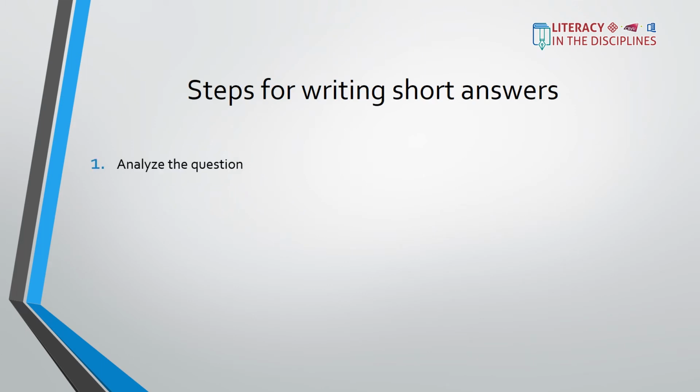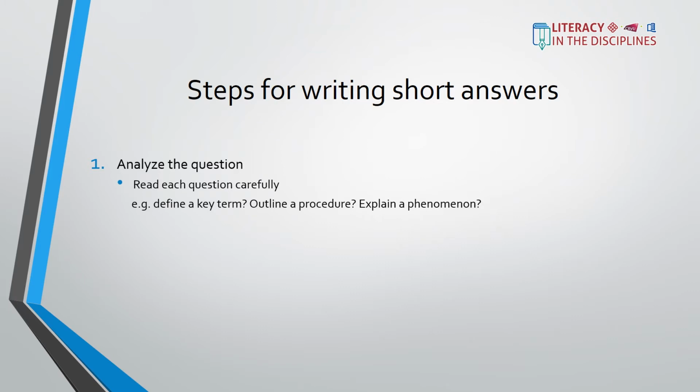First, it is very important to analyze the question. This means you should read each question carefully to make sure you know what you're expected to do. For example, do you need to define a key term, or to outline a procedure, or to explain a phenomenon? To make sure you know what you're expected to do, highlight the verbs used in the question, like explain, define.